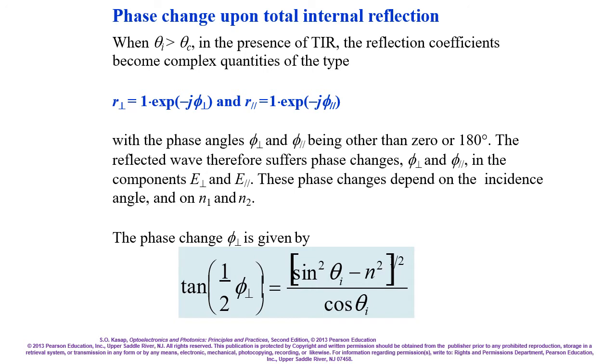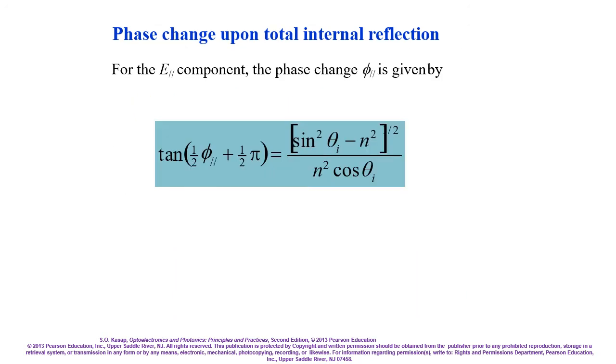These phase changes depend on the incident angle and also on n1 and n2. The equation for the phase change is this equation for the perpendicular component, and this equation is for the parallel component. See, we have an extra angle of pi by 2, an angle of 90 degrees, for the parallel phase change.